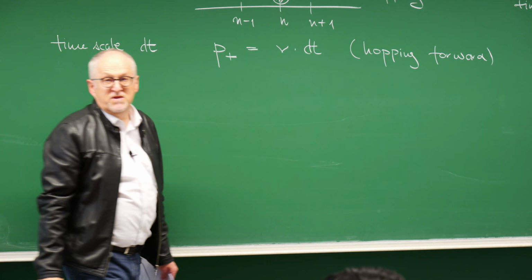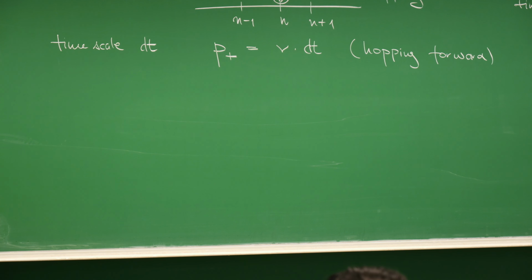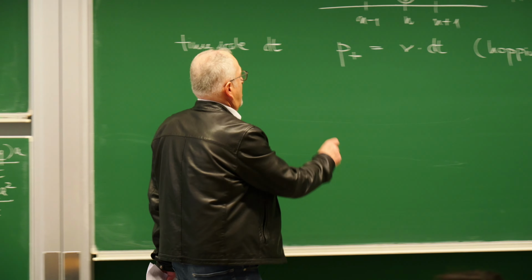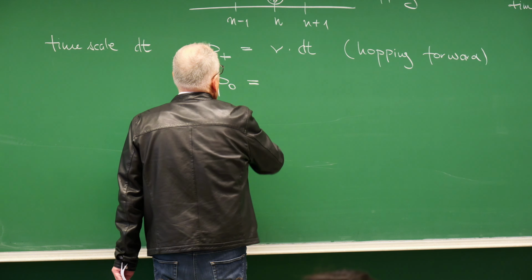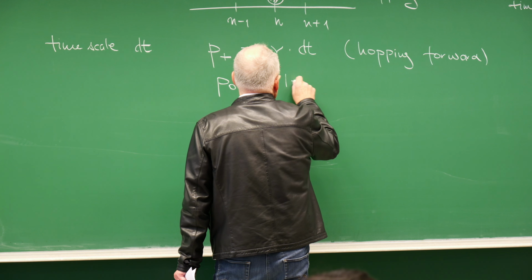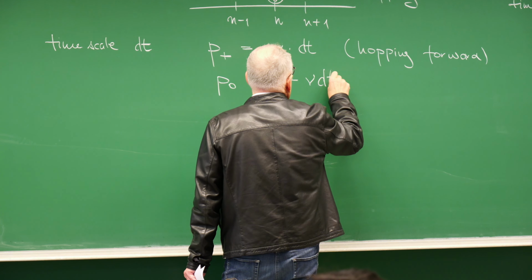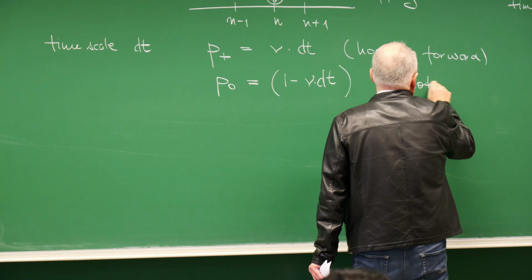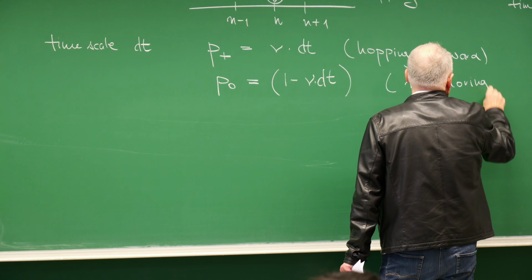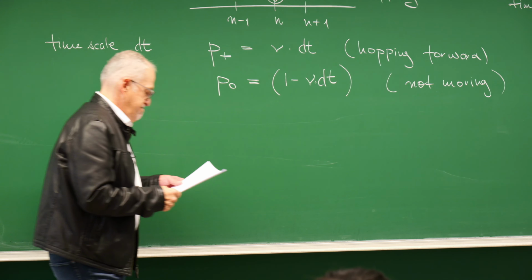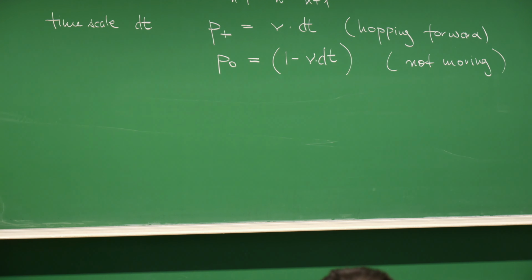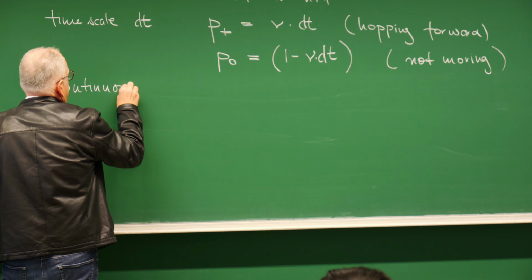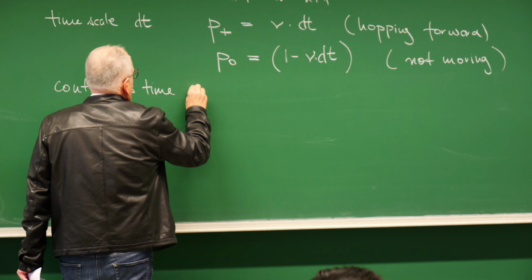You can't hop backward, I excluded that, but you can stay lazy and stay put. So you have p naught, the probability of not hopping, and that's 1 minus nu times dt. That's not moving, or staying at the site where you are. Okay, it's as simple as that. It's a continuous time stochastic process.